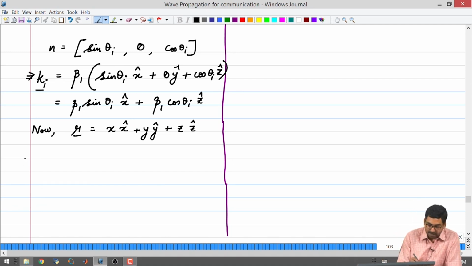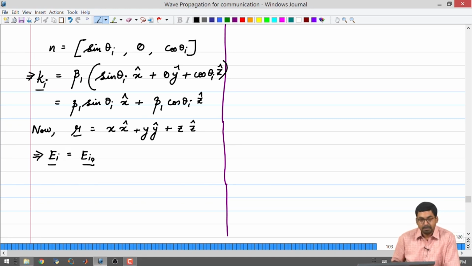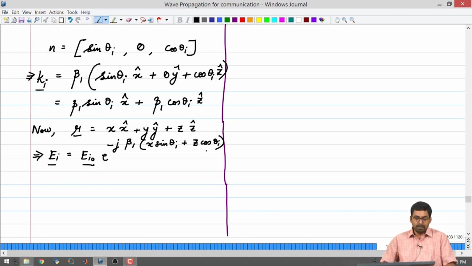So, now I can directly write down the electric field expression: E I naught exponential minus j, it was k dot r, so I am going to take beta 1 x sin theta I, multiplying these two, and then z cos theta I. So, I have written k I, I have written r, I have taken a dot product, that means I have multiplied the x components together, z components together, and the y components we have ignored because one of them is 0.